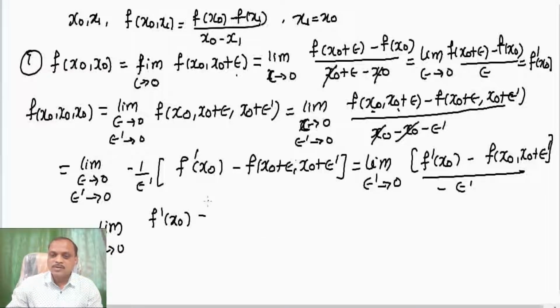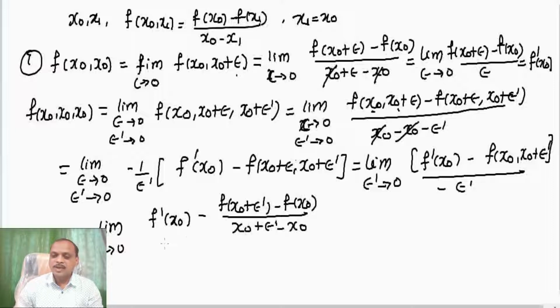This is equal to f of x0 plus epsilon dash minus f of x0 divided by x0 plus epsilon dash minus x0, whole divided by this minus epsilon dash.